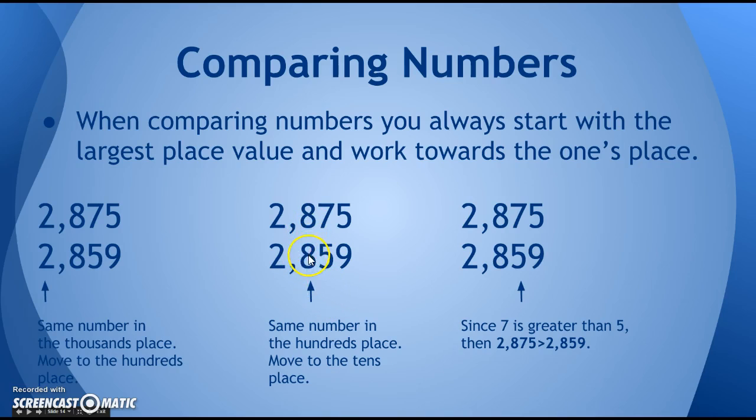So based on this, we still can't determine which number is greater. So then we need to look at the tens column. In 2,875, we have a 7 in the tens column, and in 2,859, we have a 5 in the tens column. So since 7 is greater than 5, then 2,875 is greater than 2,859.